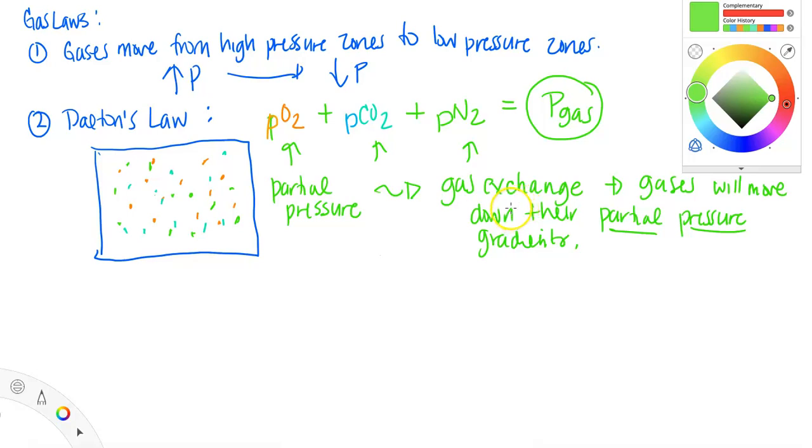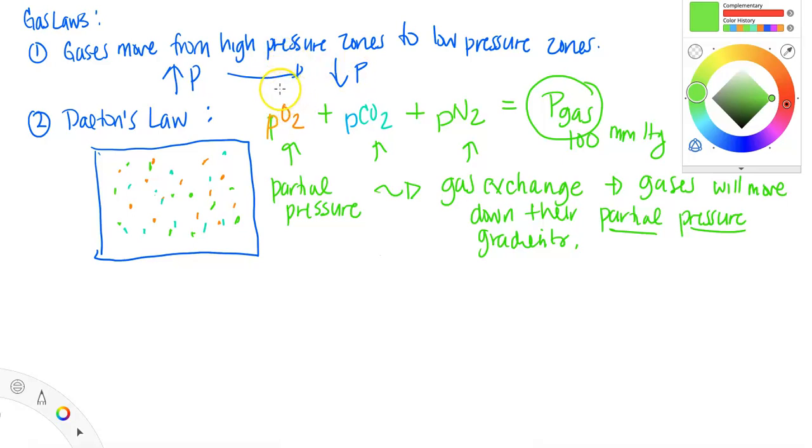All right. Okay. So again, when you add these up, you get the total pressure of the gas. So if we measure gases or pressure in millimeters of mercury, let's say the total is 100. Then these three would have to add up to that 100.